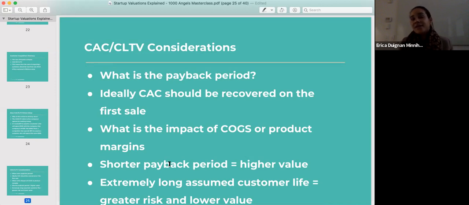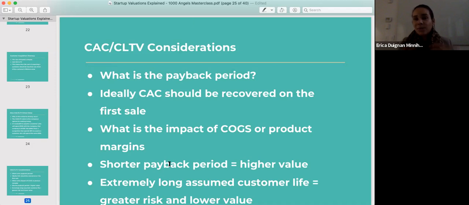The next is, of course, the impact of product margins or cost of goods sold. So customer LTV is just the actual price that's paid. It doesn't necessarily include product margins. So if the product doesn't have a very healthy gross margin, you could have a good CAC to customer LTV, and it's still not necessarily a great value investment.